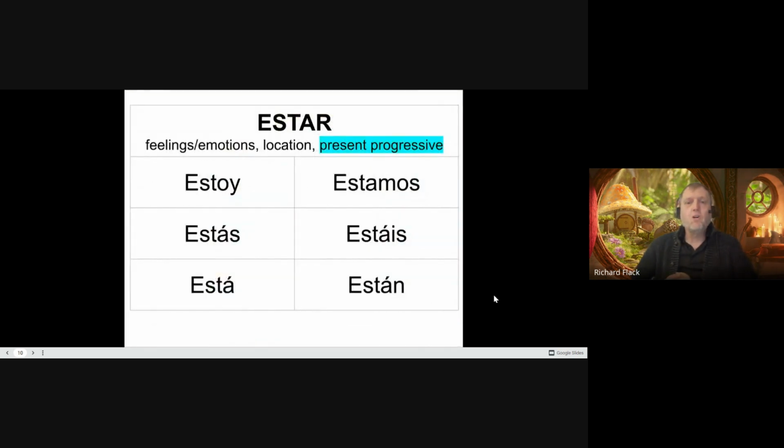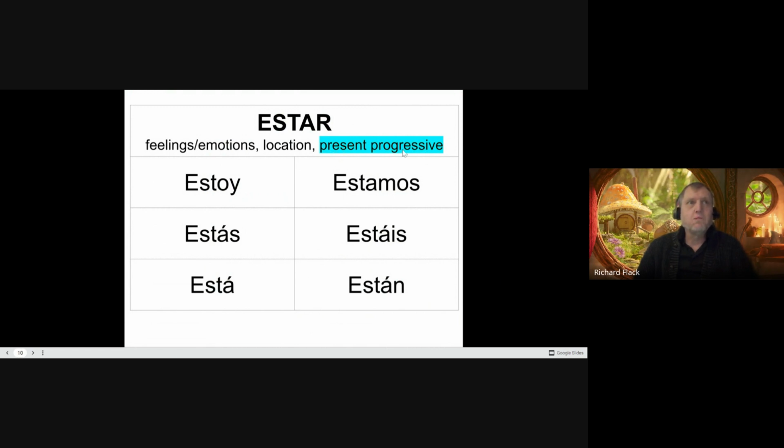All right, before we learn about using our participles in the present progressive, we need a quick reminder of the verb estar. We learned about estar back in our to be verb unit, and we learned that estar is used for feelings and emotions or location, but it's also used to help us form what is called the present progressive tense.